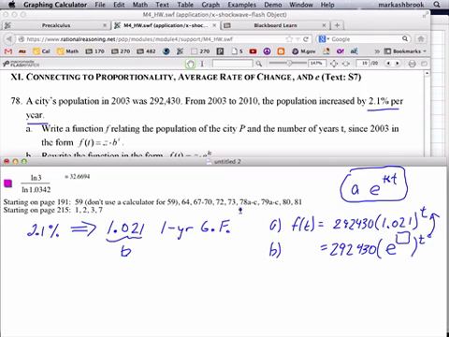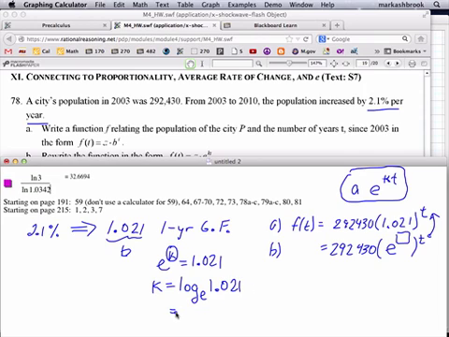So the question is, what goes here? e to the k is the same as b, and we know what b is, 1.021. So we need to know what exponent of e would give 1.021.